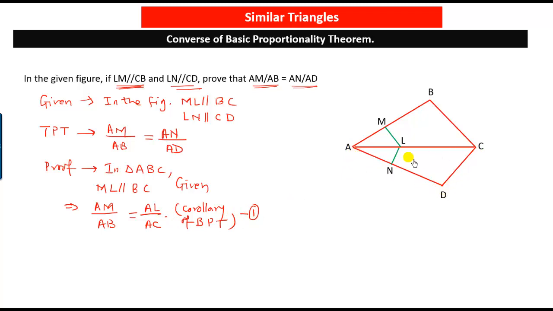Now in triangle ADC, LN is parallel to DC, and so we can say that AN upon AD, this total length, is equal to AL upon AC, again by the corollary of the basic proportionality theorem.